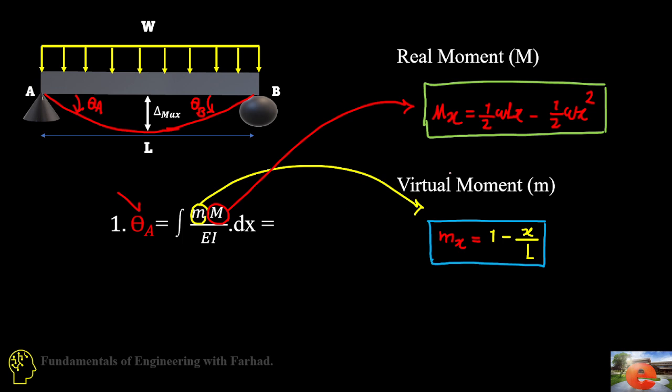For small m, you replace the virtual moment; for capital M, you replace the actual moment, multiply them by each other, and integrate from 0 to L to get theta at A.